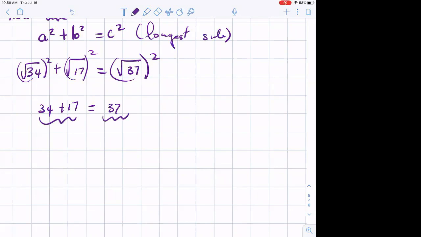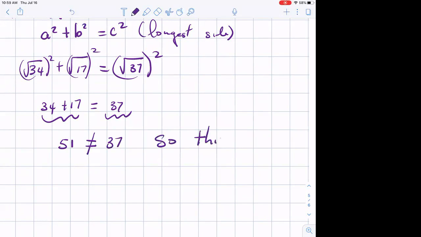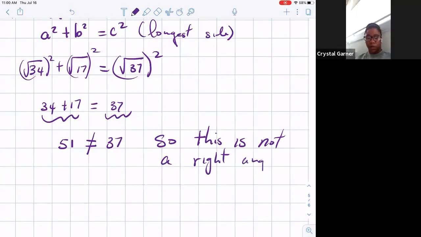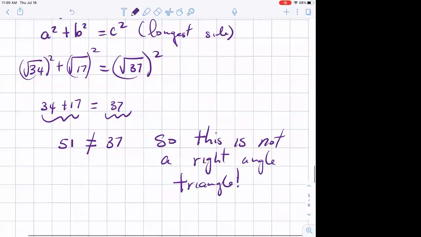No. Because if you add 17 and 34, 7 and 4 is 11, 3 and 1, 4 is 51. 51 does not equal 37. So this is not a right angle triangle. Okay? That's how you justify it.